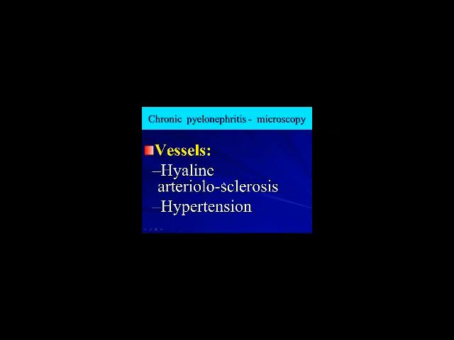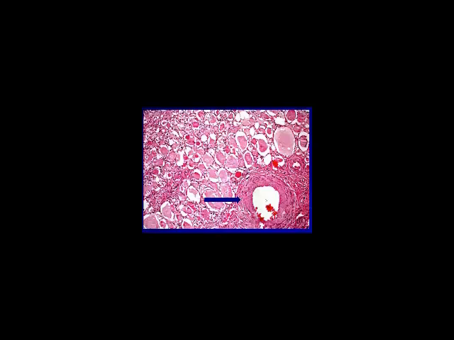Arterioles get sclerosed because of the hyaline material which is deposited in their wall, and vessels become narrowed. So these are the vessels, and you can see thick walls because of the hyaline arteriolosclerosis, and these are the renal tubules which contain pink material.